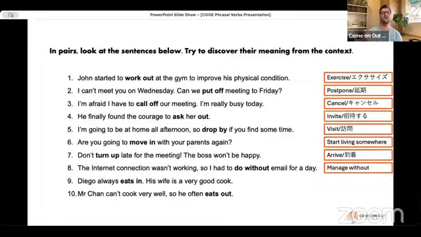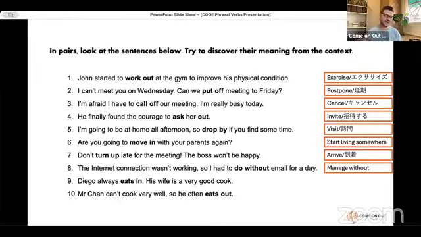So maybe if you don't have an internet connection, you can say, I have to do without internet for the day. It means you have to continue working or doing whatever you're doing without something important like internet or email or your computer or your smartphone or something like that.